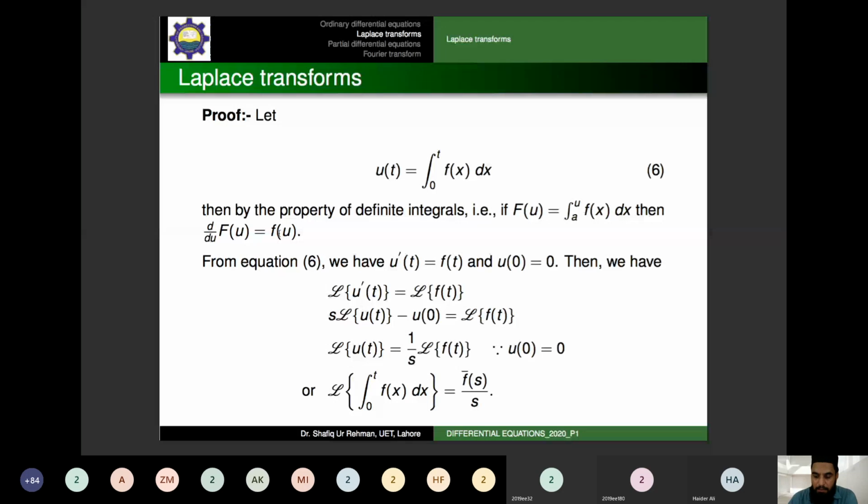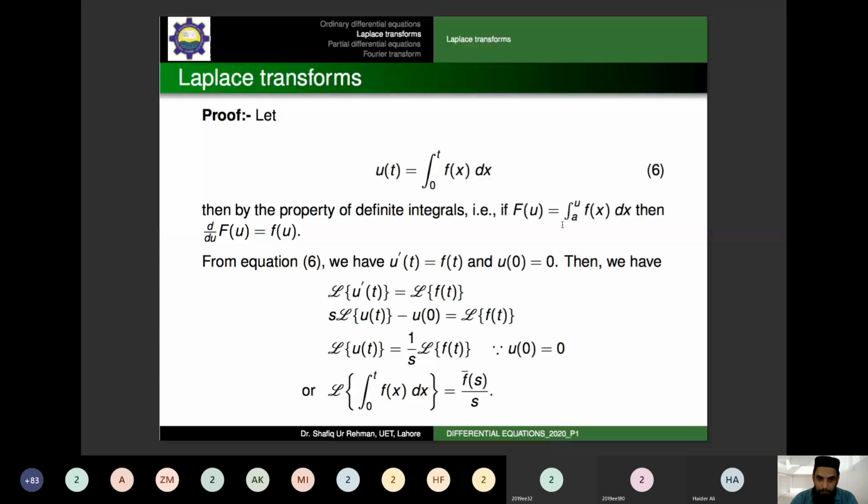So we are interested to find the Laplace of this whole thing, which is assumed as u of t. Since we are going to utilize the first derivative, keeping an eye on this fundamental property, the derivative of u with respect to t from the right hand side will turn out to be a function of t.